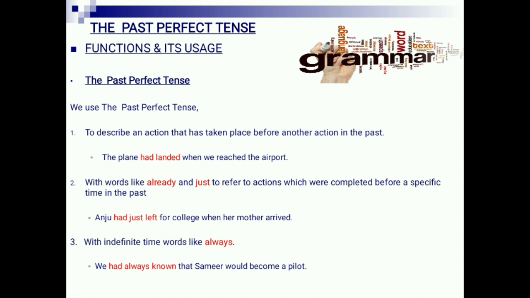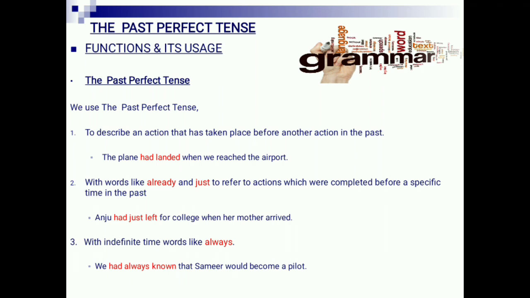When we reached the airport, this sentence is also in past tense. How will you understand it? Whenever you want to identify the tense of the sentence, pay attention to its verb. See the second sentence, we reached the airport. Here, reached is in past form, right?